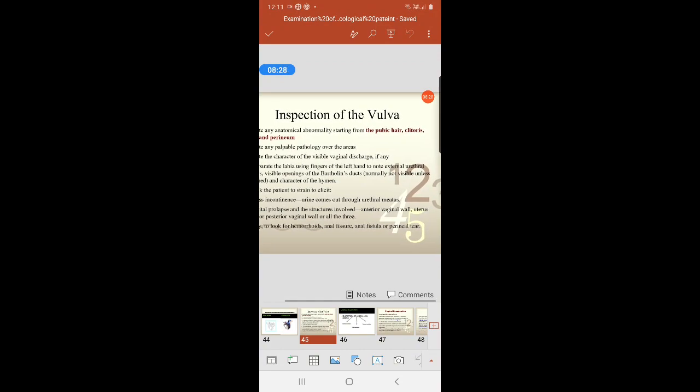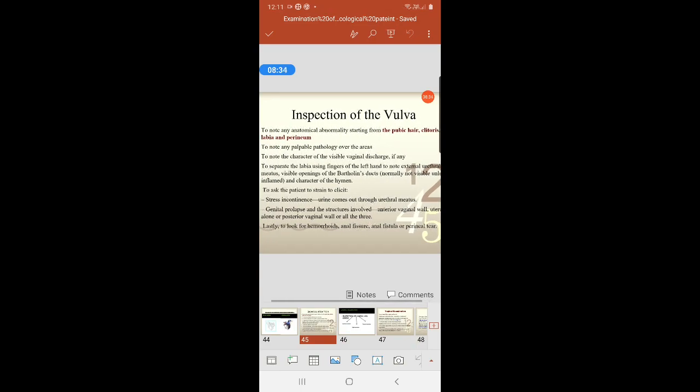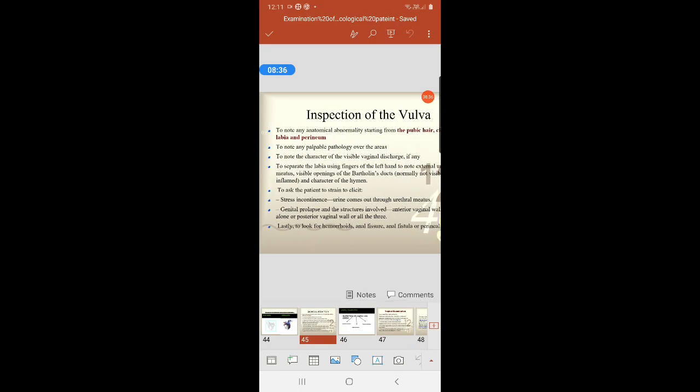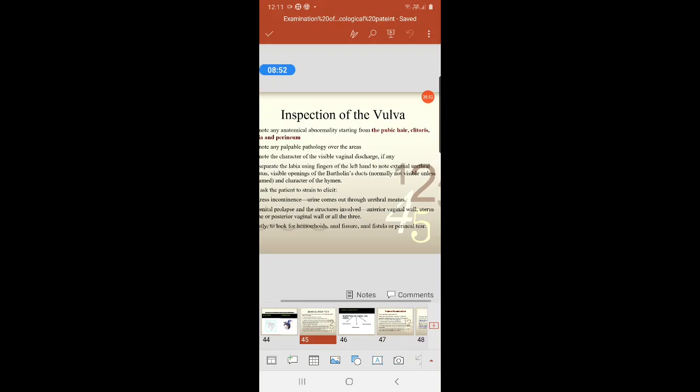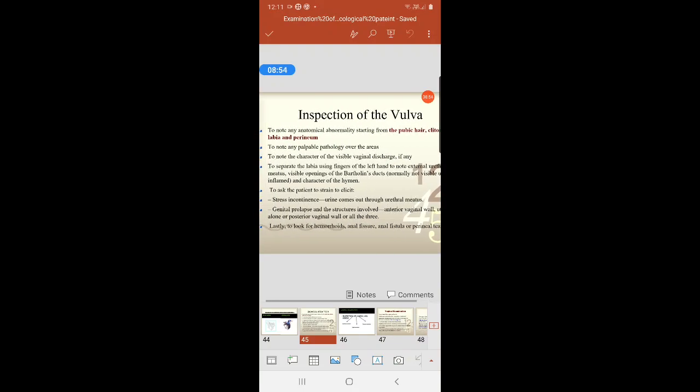If any discharge is coming out through the vagina, it can be found on the lower external genitalia, and we can see that. How the vaginal discharge looks, whether it is whitish, thick, yellowish, or greenish, we have to note the character of that discharge. Then separate the labia using the fingers of the left hand to note the external urethral meatus.